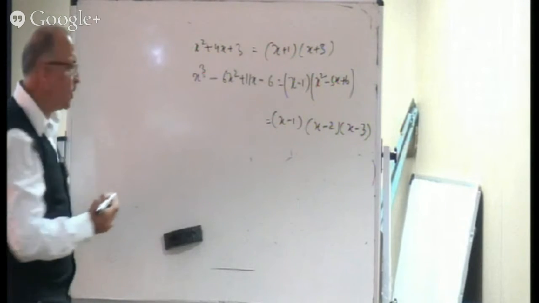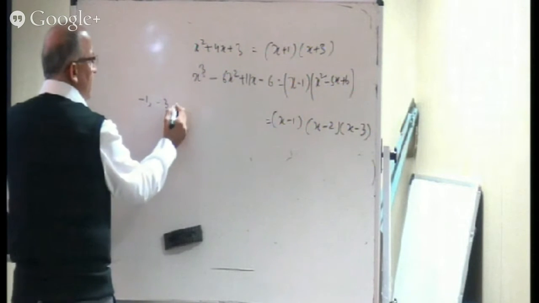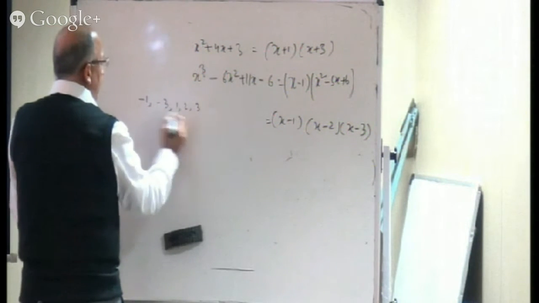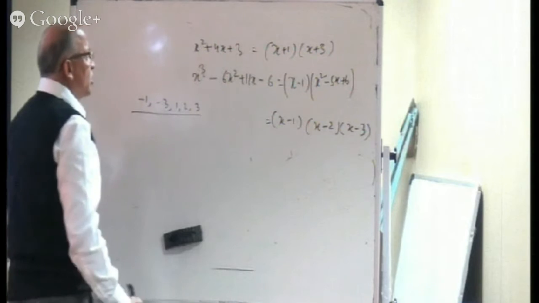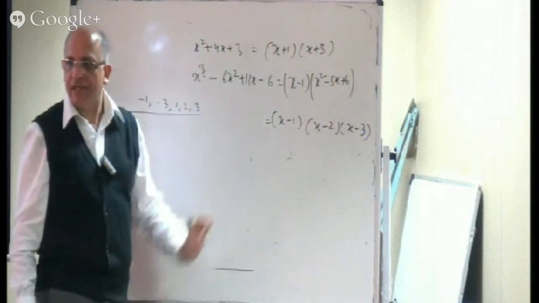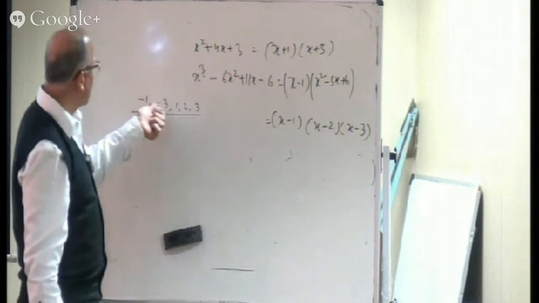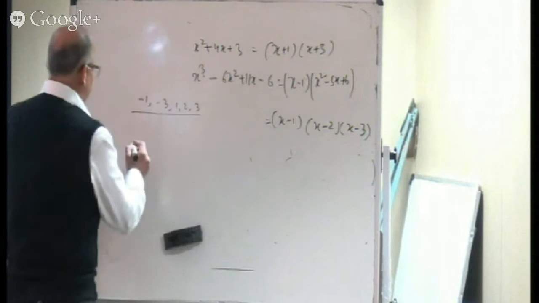When x is minus 1. So the values of x you are getting are minus 1, minus 3, 1, 2 and 3. Find out all those values for which the factors are becoming 0.